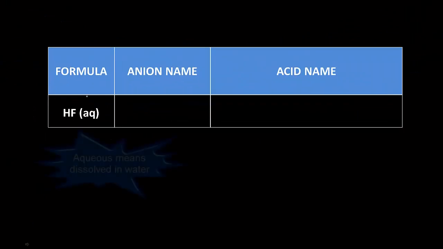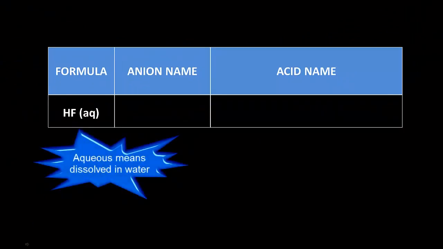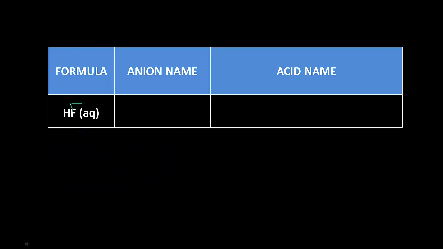Next example, HF. And remember, it's aqueous, which means it's dissolved in water. We're going to take everything that's after the H, our anion, which is the F. So our anion name would be fluoride, because F stands for fluorine, and when it changes to an ion, the INE changes to IDE, so it's fluoride.